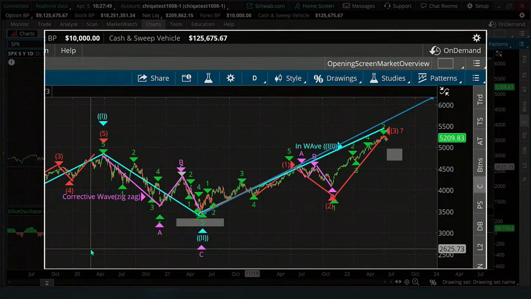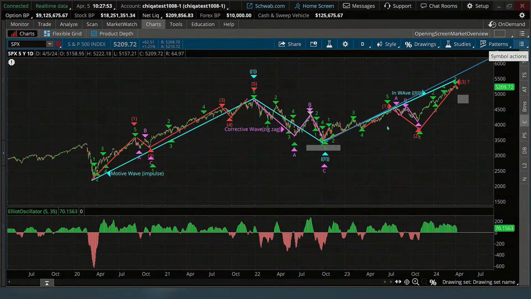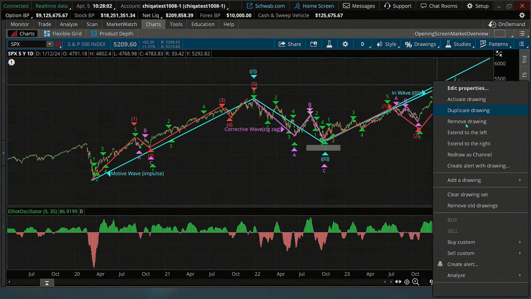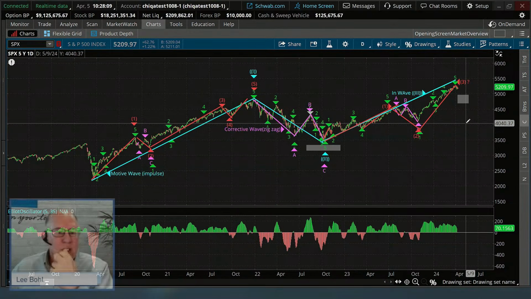The second way, though, is where are we? So this is the largest degree. Where are we right now in the second degree, which is the orange line? Take this one off. All right. And we have a question: if a wave bottom coincides with a fib level, is there a higher confidence of it being a wave?